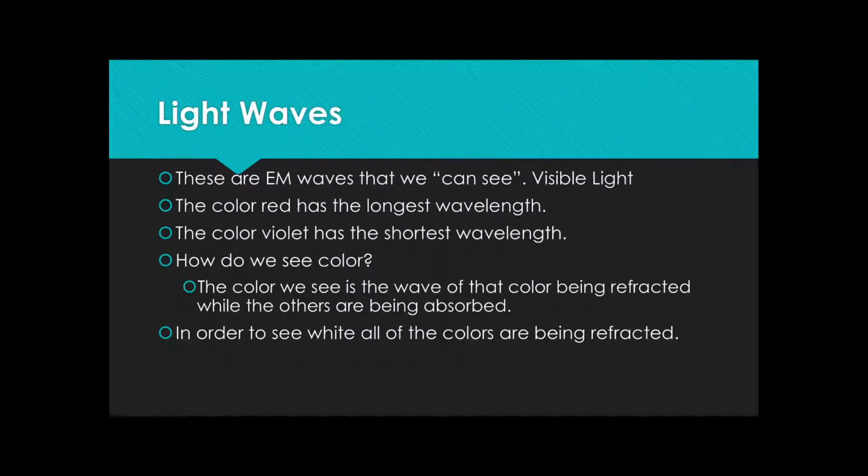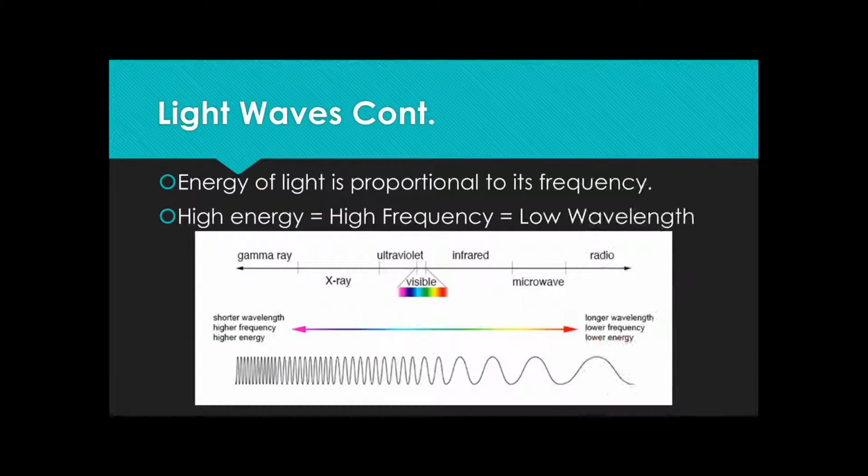So in order to see white, we are seeing all of the colors in the rainbow being refracted, and we see them because the wavelength is bouncing off and going into our eyes. In order to see black, if you're looking at something black, that means all the wavelengths are being absorbed.